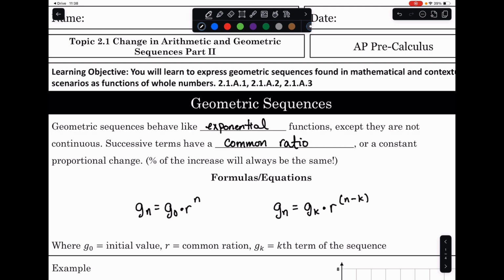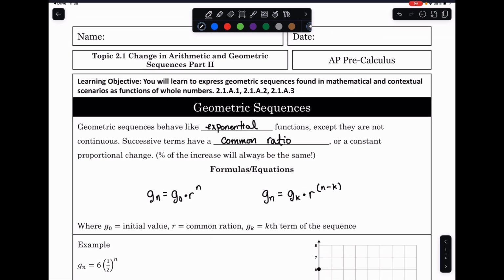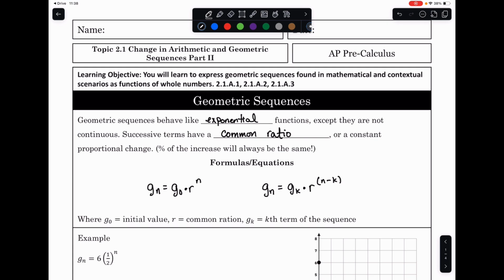And this one works if we do not know what the initial value is. So this is the more general one that works with any sequence. Even if we know the initial value, this one also works. Like I said, it works with any situation.